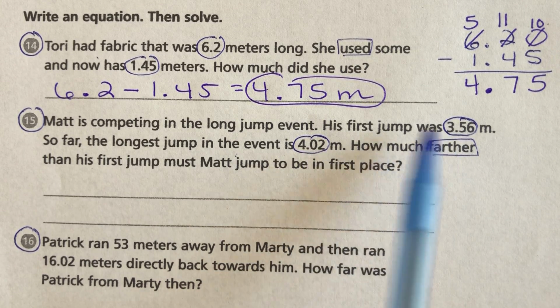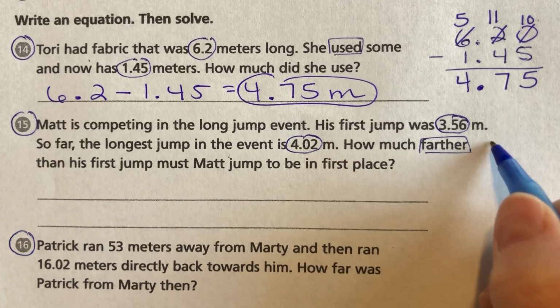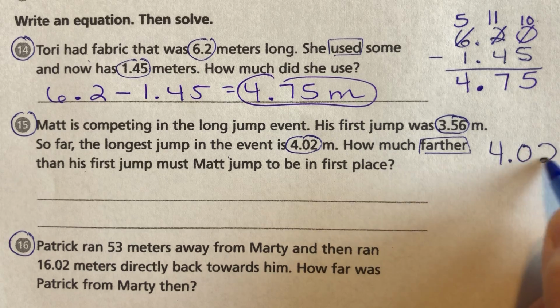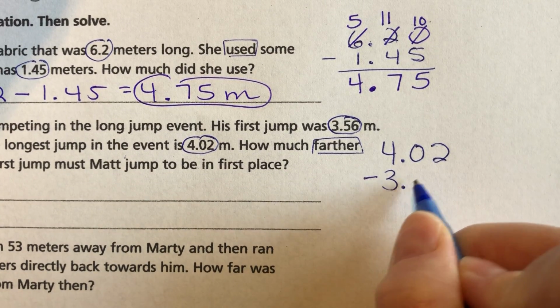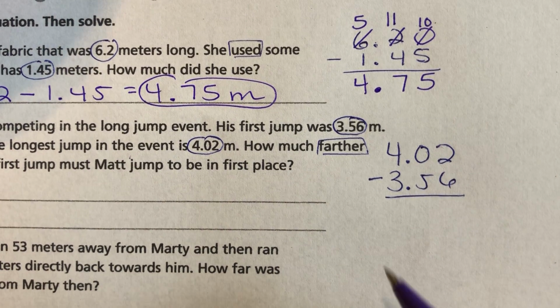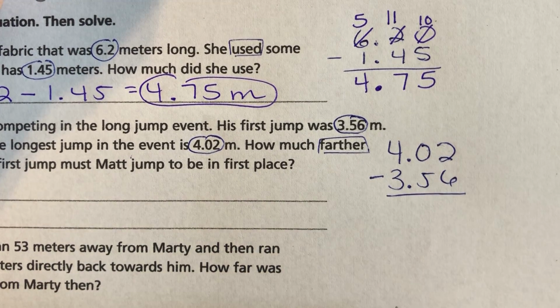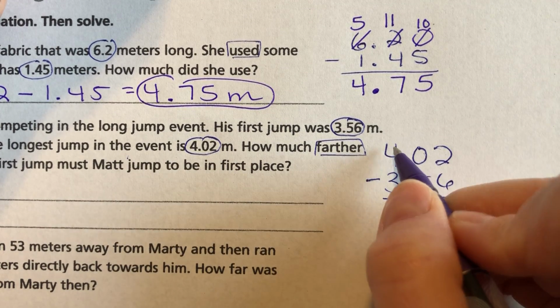So that means we want the difference between these two, right? So I'm going to take 4 and 2/100 minus 3 and 56/100. We would subtract. Can you take 6 away from 2? Nope. And I can't borrow from this 0. That means I have to go all the way over to the 4.